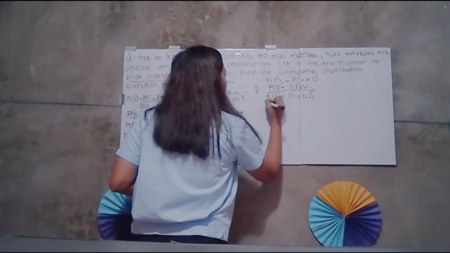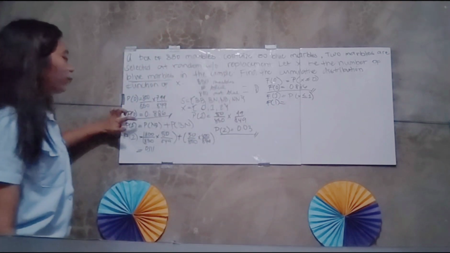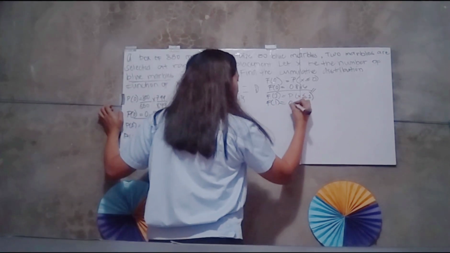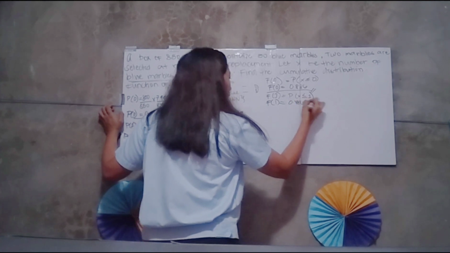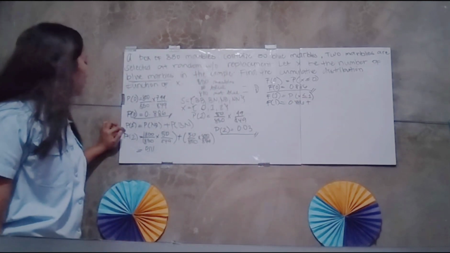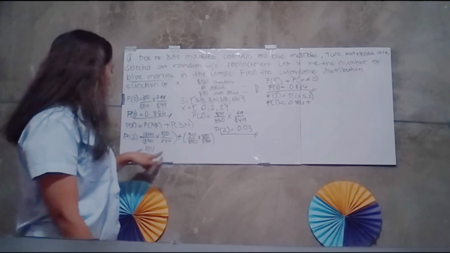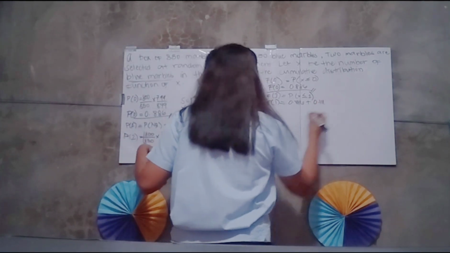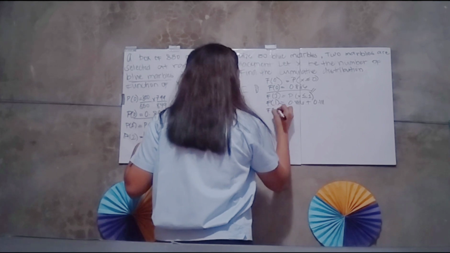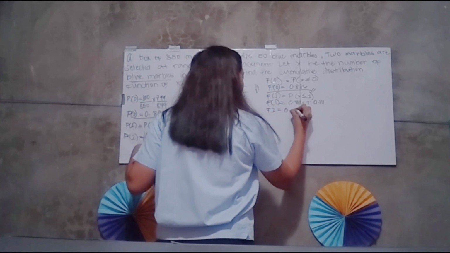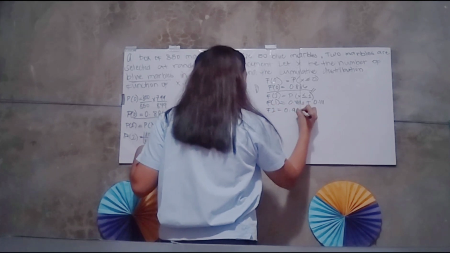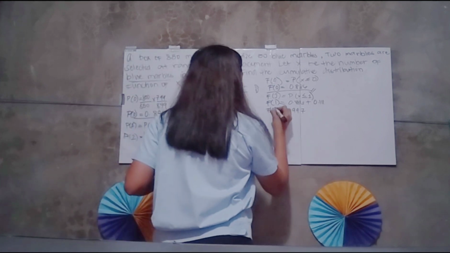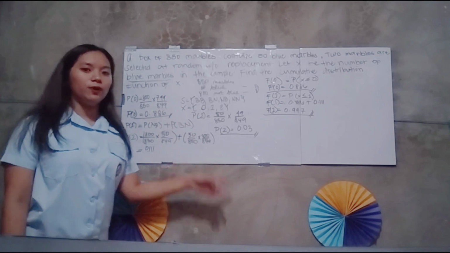So, F of 1 is equal to, ang probability ng ating 0 ay 0.886, plus the probability ng ating 1 ay 0.111. F of 1 is equal to 0.997. So, ito na ang ating cumulative distribution function of 1.